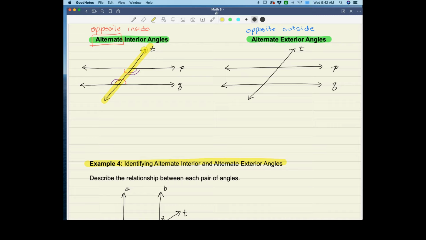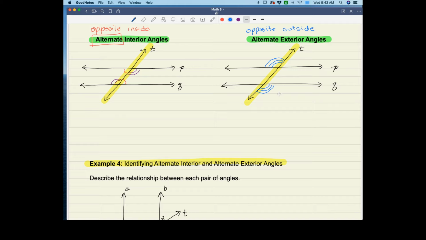Now, for alternate exterior, we're talking about opposite sides of the transversal. So here's my transversal. And now we're talking about our angles. So I'm going to have one on the left side, and I'm just going to go ahead and use 3 marks for that. One on the left side, which means the other part of this pair has to be on the right side, and it has to be outside, so it's down here on the bottom.